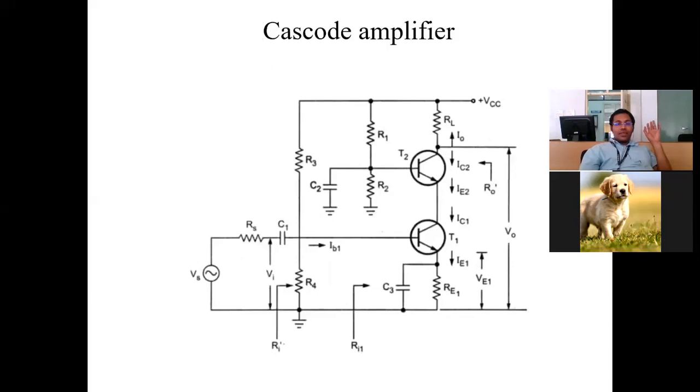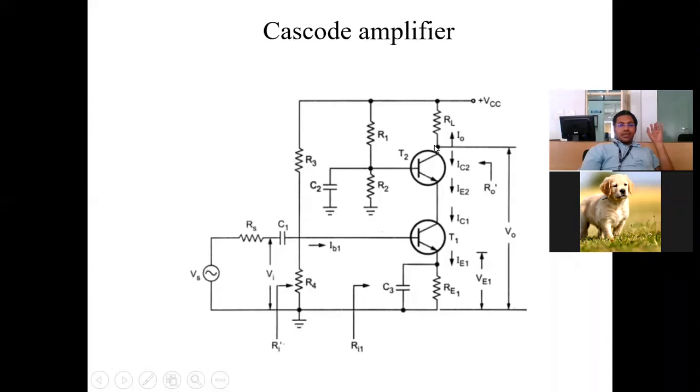So all this we have finished. This component, this one, this also we finished. This transistor connection also we finished. So only remaining is RL. Now tell me, where is RL? Is it at the output terminal? Yes.